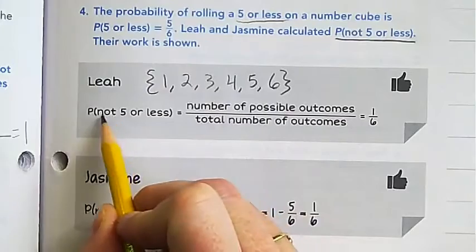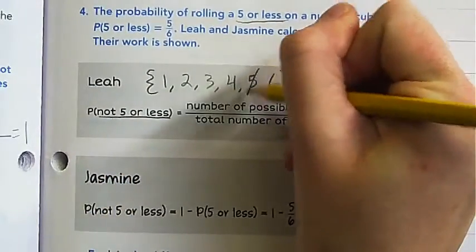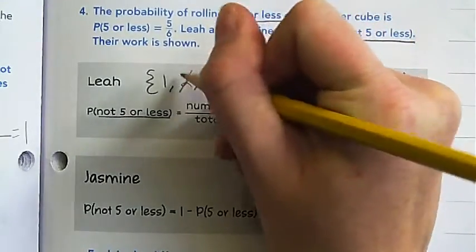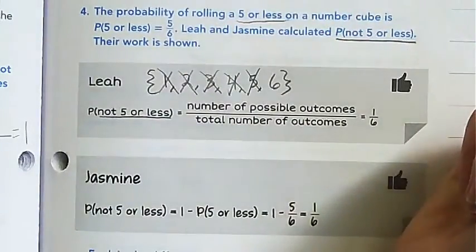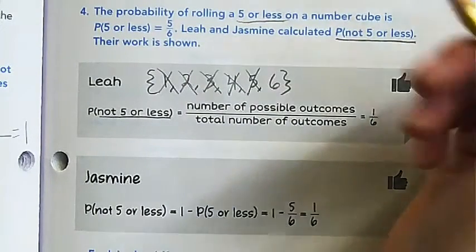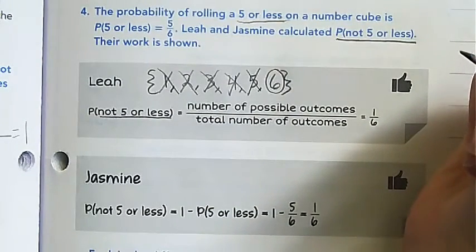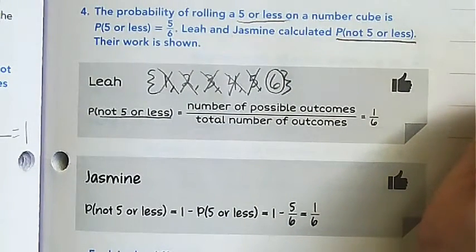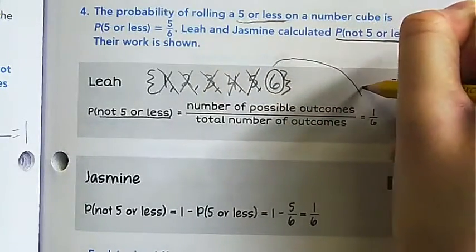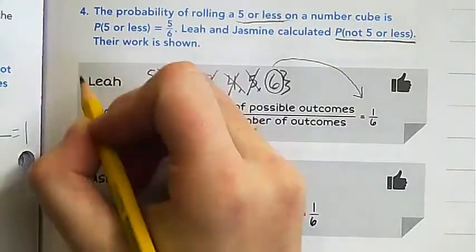It says not 5 or less, not 5, or 4, or 3, or 2, or 1. Exactly. There's only one outcome that is not 5 or less. So the probability is 1 out of 6. This is what we did in activity 1.